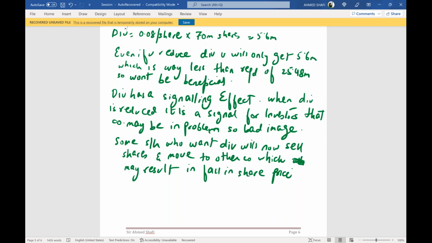Up till now, we have given them 3 solid reasons for how this proposal will affect: less amount, signaling problem, and they may switch to other companies.